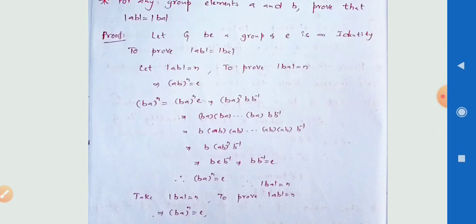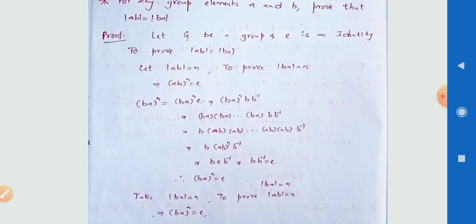Then again B into B inverse is taken. Here BA into B inverse. G is a group and it satisfies the group conditions.